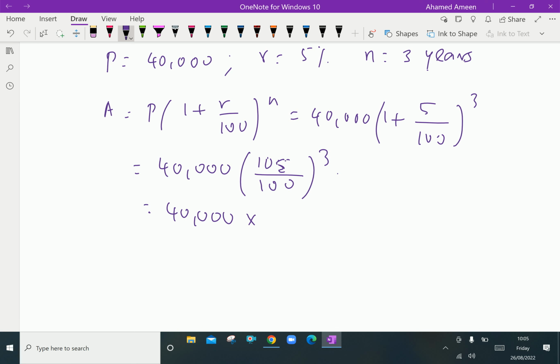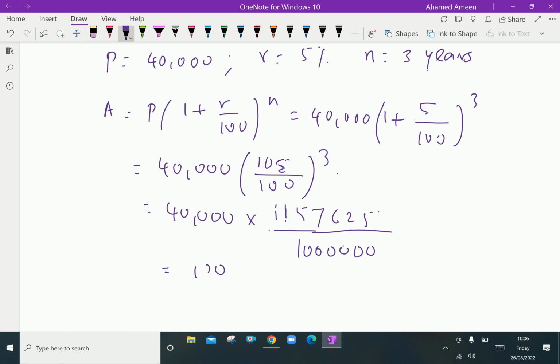That means 105 into 105 into 105 equals 1157625 over 6 zeros, because 100 cubed has 6 zeros.